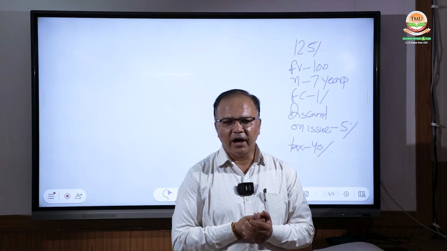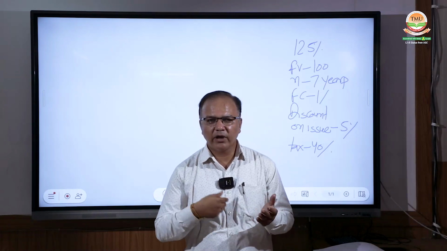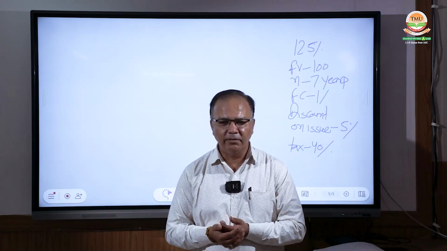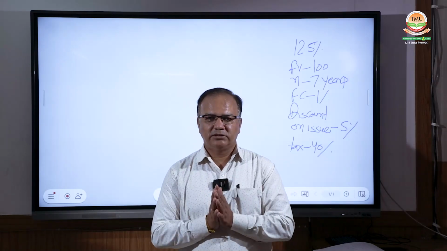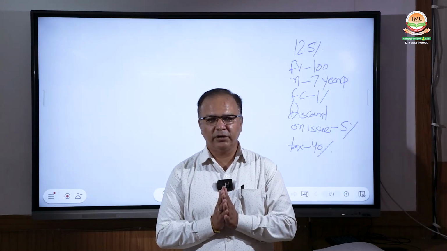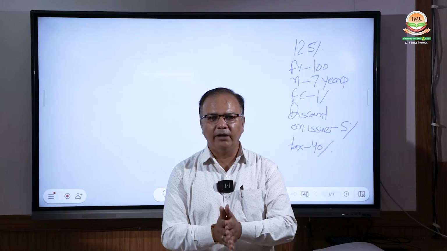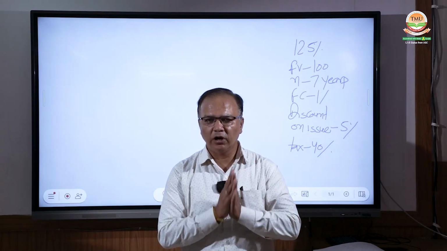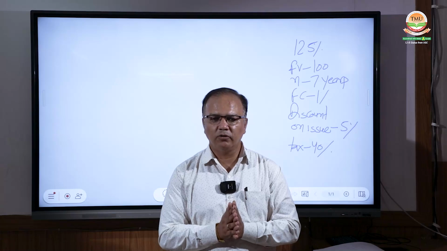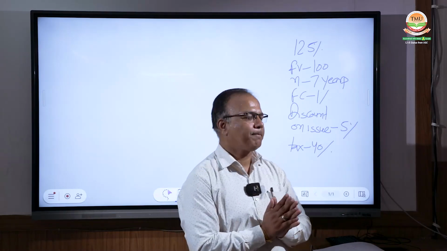If some are confused how we can check whether this is redeemable or irredeemable, whenever number of years are given to you in a question, it means it's a case of redeemable. And whenever number of years is not given, it means it's a case of irredeemable.